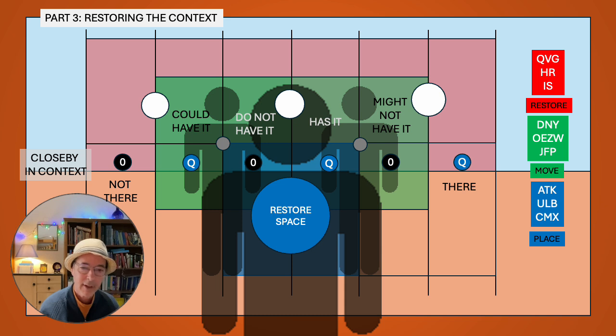Sometimes we have something, and sometimes we don't have that thing. Sometimes I have that thing, and sometimes you have that thing. So there's a point where there's a 0 for me, and there's a Q for you. So it's in the waiting line, in the queue.